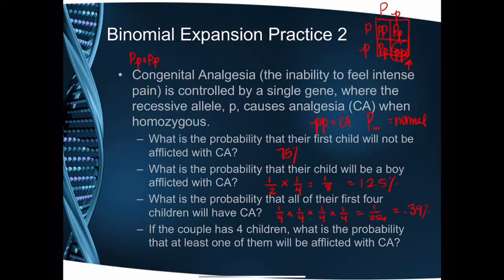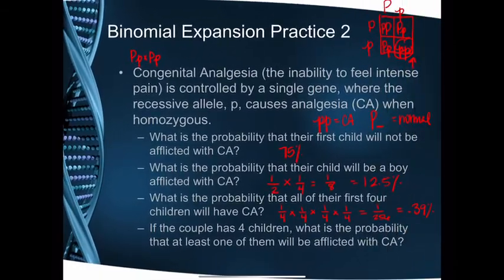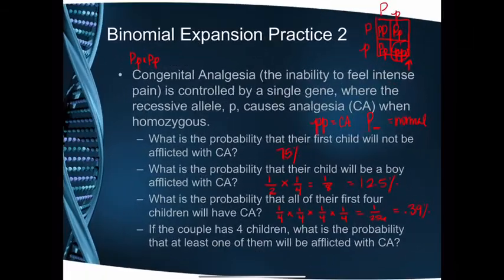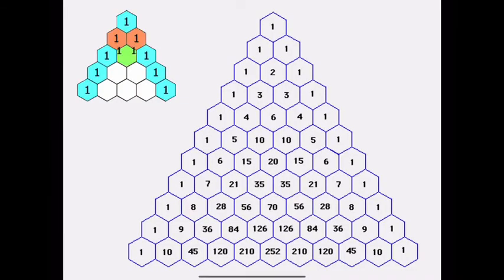And the last question, if the couple has 4 children, what's the probability that at least one of them will be afflicted with CA? So this is a case where we're going to have to use our binomial expansion, okay? So let's slide over here to our binomial expansion, and we're going to use this row because it has the 4 on the outside.